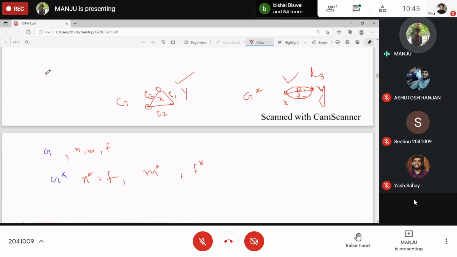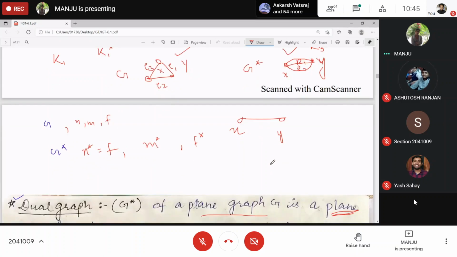What about the trivial graph, K1 star? Only one vertex, right? Same. What about K2? How many faces does it have, or how many regions does it divide the plane into? Only one, which is unbounded.